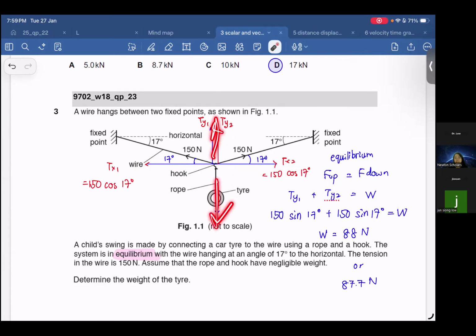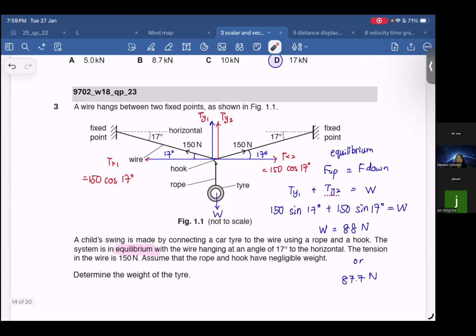Up and down should be balanced so that it is in equilibrium. Okay? In our AS, for the final answer, we have to give 2 to 3 significant figures. We are not talking about decimal places. We are talking about significant figures. So your answer is 88 and 87.7 Newton. These two answers can be accepted.